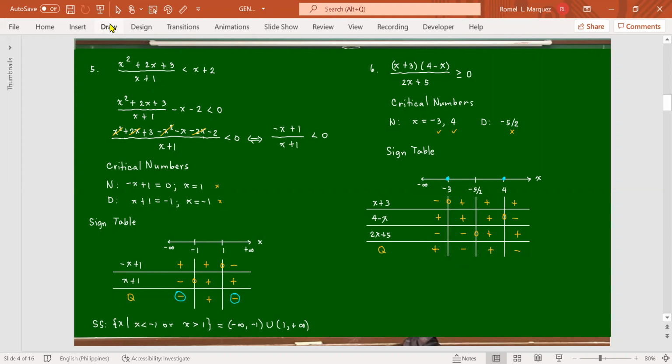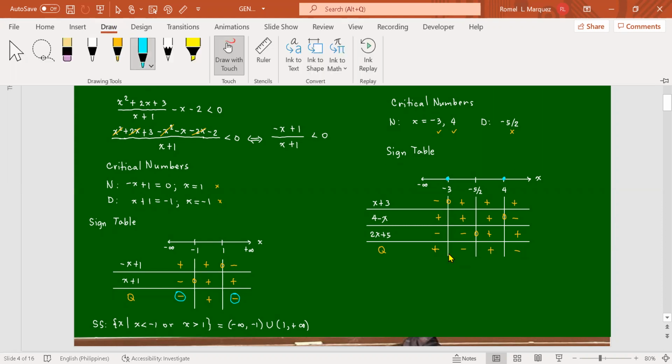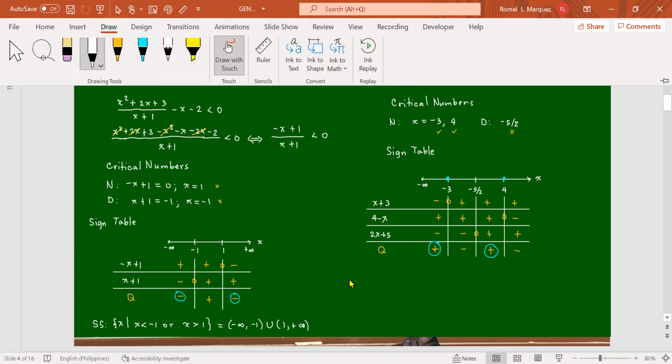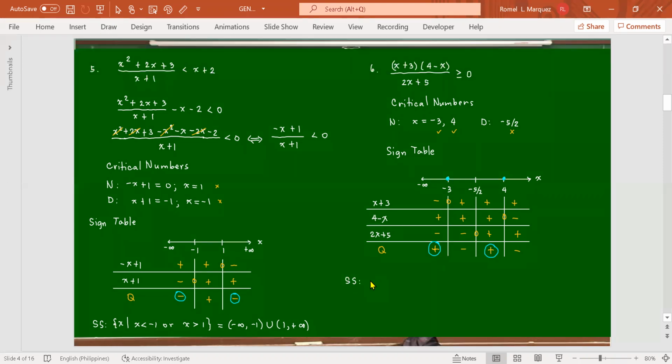Now, what are we going to choose? You want it positive, greater than or equal to 0, no? So it means we're going to choose this and this. Okay? How am I going to write that in set notation?